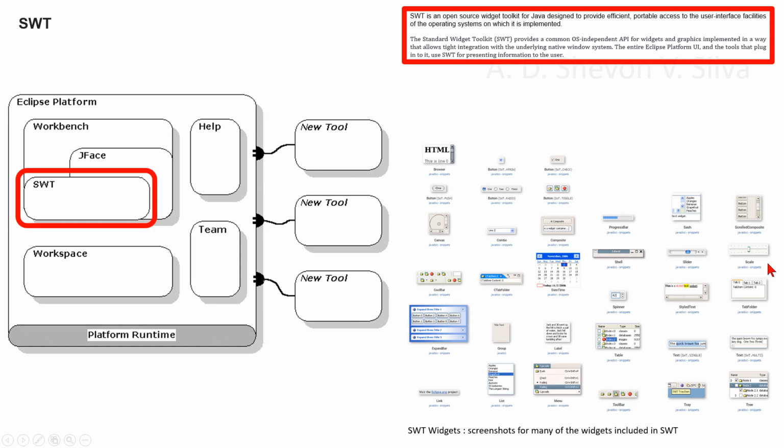Instances of this class represent a selectable user interface object that represents a range of continuous numeric values. Spinner, class Spinner. Instances of this class are selectable user interface objects that allow the user to enter and modify numeric values.